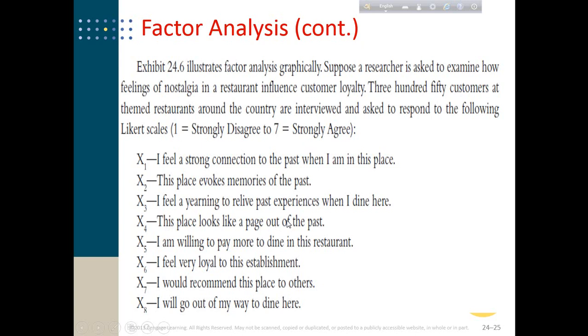So you can say all these 4 are related to nostalgia. On the other hand, I'm willing to pay more to dine, I feel very loyal, I recommend this place, or I will go out of my way to dine here. These 4 are related to loyalty.